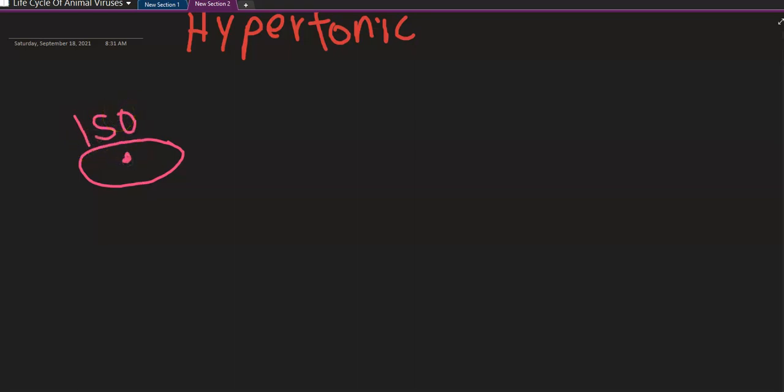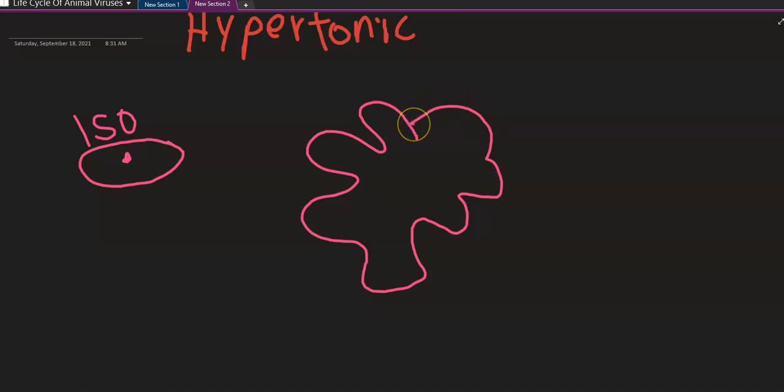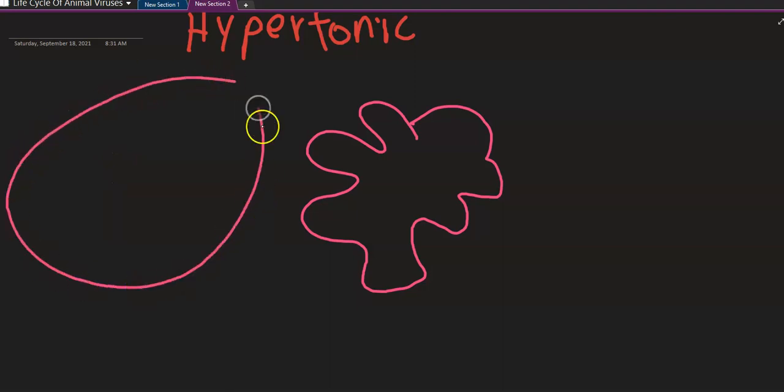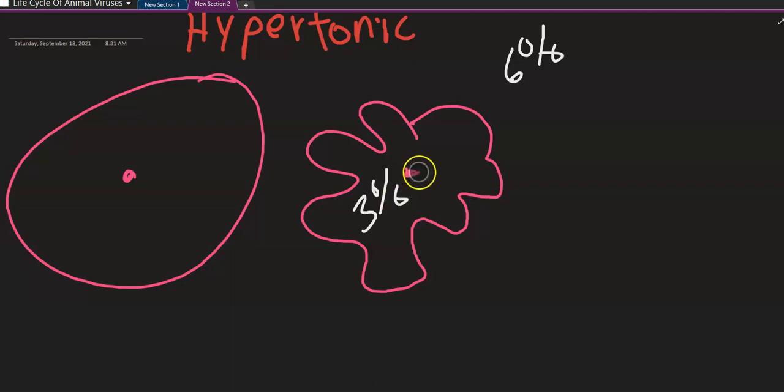And this is the cell without the cell wall. Oh, and that's way bigger. Let's change this. Let's say that's the cell, because it shouldn't get bigger. Remember, hypertonic means that the solute concentration in the environment is higher than in the cell. I forgot our little nucleus here, too.